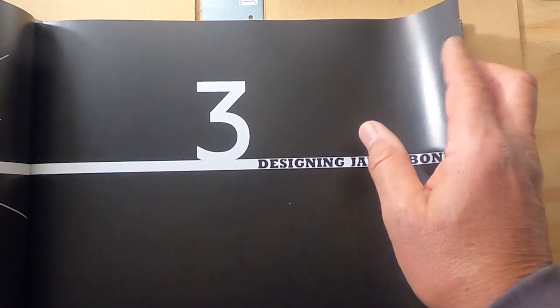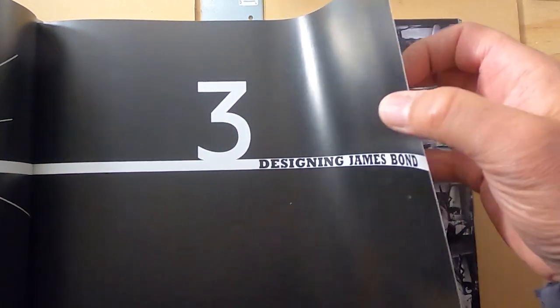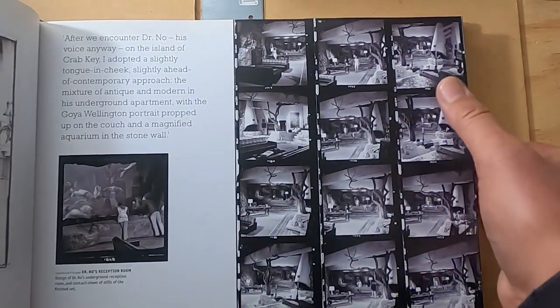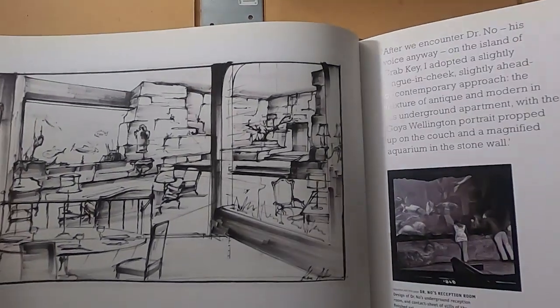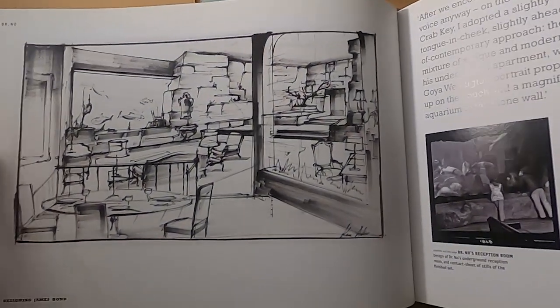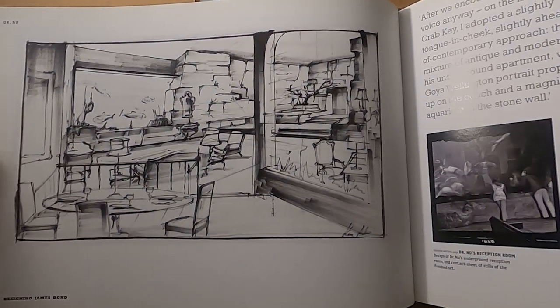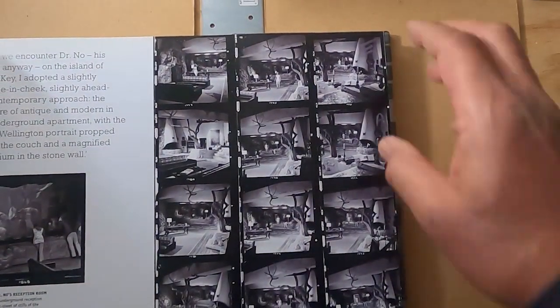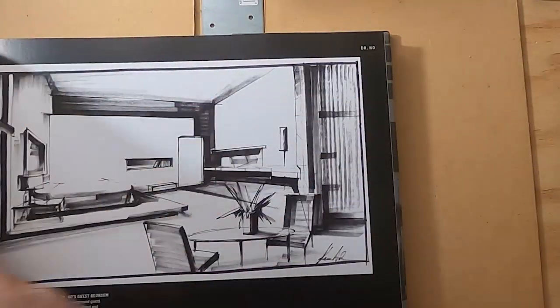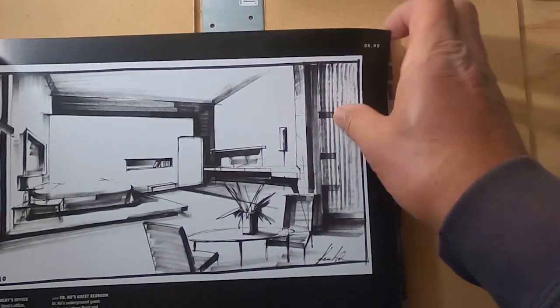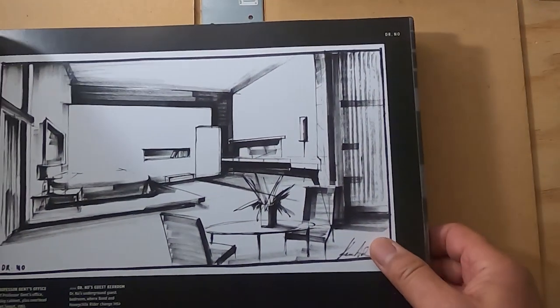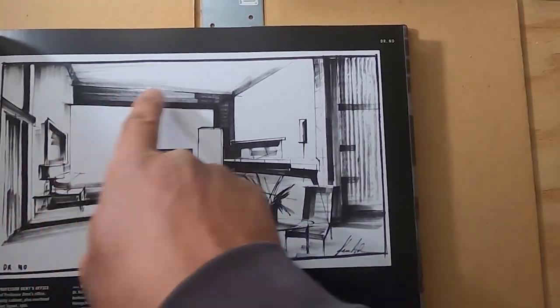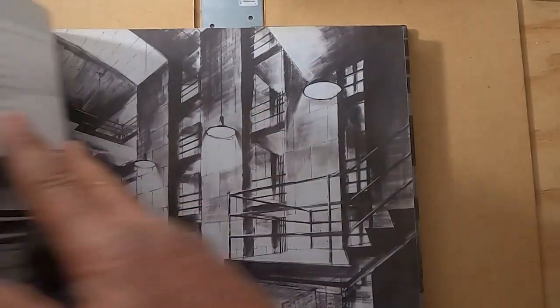Then he gets called in to work on James Bond. And so here he is doing drawings for the first Bond film, Dr. No. One of the great James Bond movies, the first one in the series. Dr. No's guest bedroom, all of this has to be planned out, drawn out.